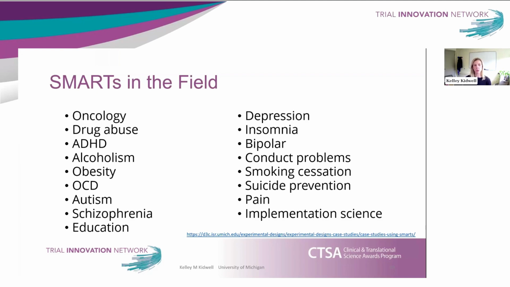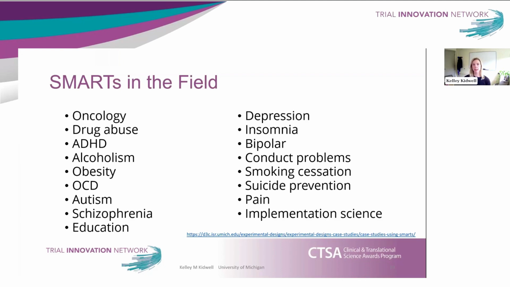So you can see lots of mental health areas, but they've also been used in education strategies, and some prevention, like smoking cessation, cancer prevention, and suicide prevention. And then more recently they've been used in a cluster way in implementation science, on how to embed evidence-based practices in practice.